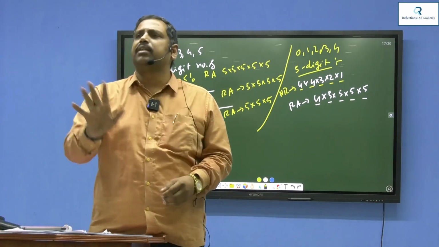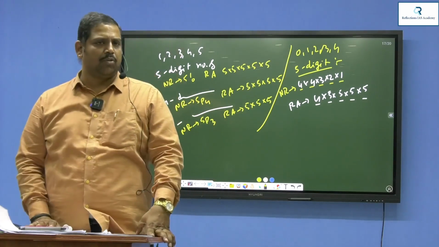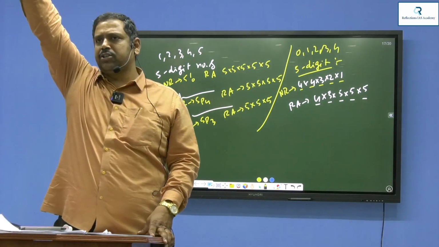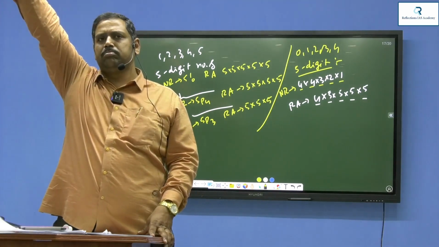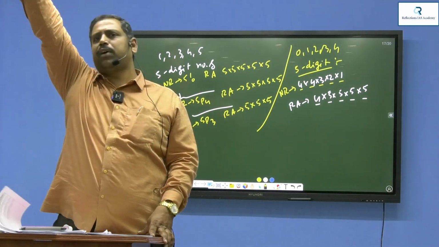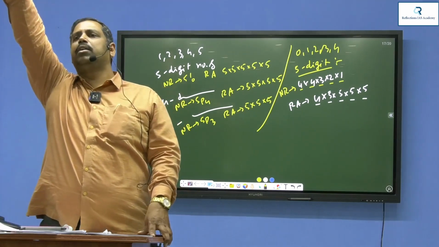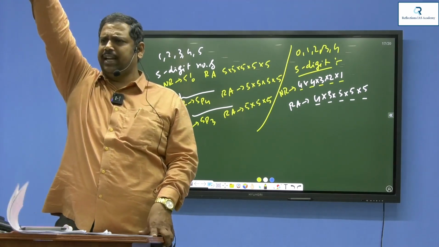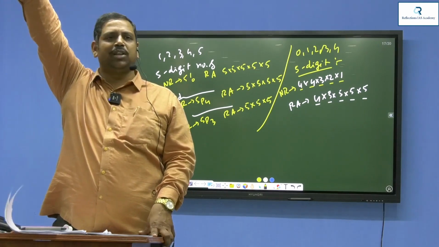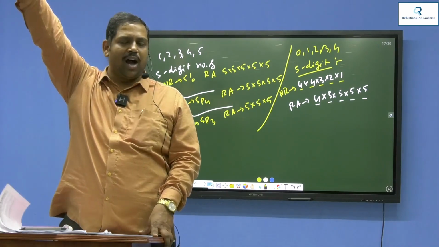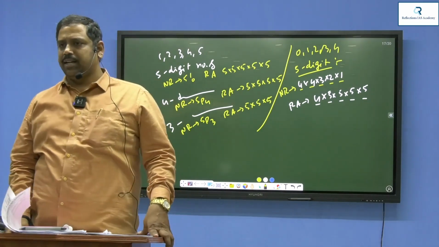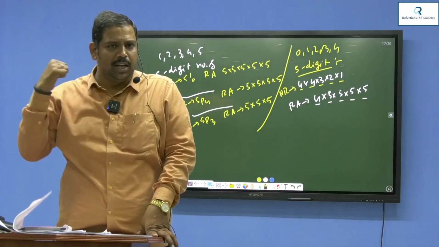Suppose we conduct the session for tomorrow, how many are ready to attend the session? 1, 2, 3, 4, 5, 6, 7, 8, 9, 10, 11, 12, 13, 14, 15, 16, 17, 18. Oh my God, 1, 2, 3, 4, 5 members only. With the democracy, can I pass the bill?